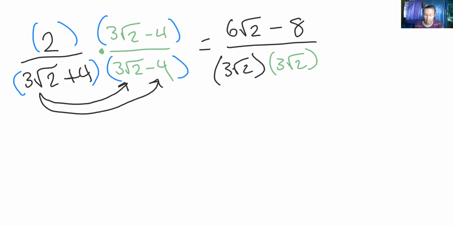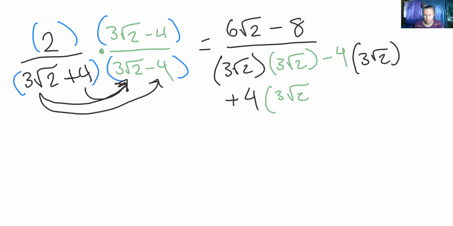So I'm going to say negative 4 times 3 root 2. And then we've got 4 times 3 root 2. So I'm just going to write it below, plus 4 times our 3 root 2. And then we've got our 4 times our negative 4. So those are the 4 terms we're going to end up with.